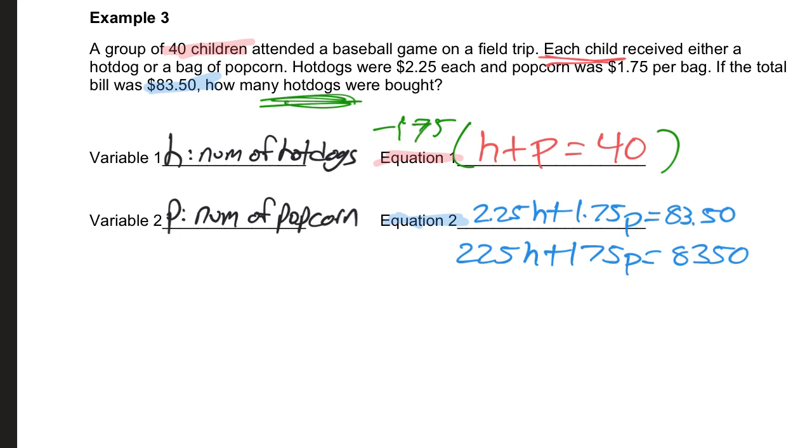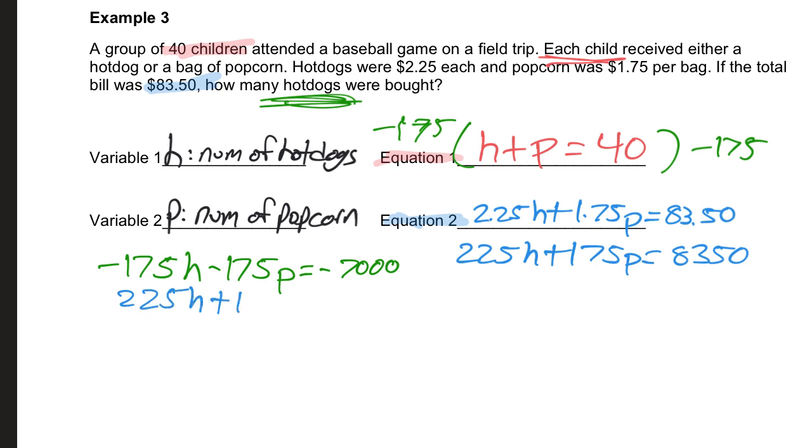So minus 175 on both. And when that happens, I'm going to get negative 175H minus 175P equals negative 7,000.